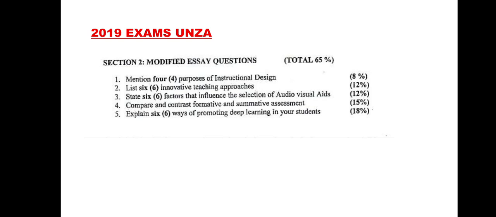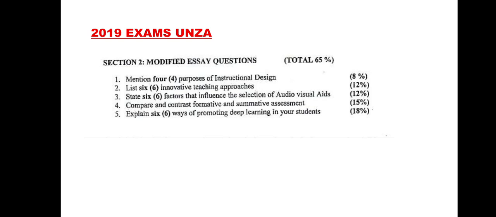So now we need to look at the key terms that we are looking for in this question. The key term we have is audiovisual aid. So what are audiovisual aids? Audiovisual aids are basically teaching materials that use sound and video and visuals like pictures, charts, models, to make sure that you make the student understand.